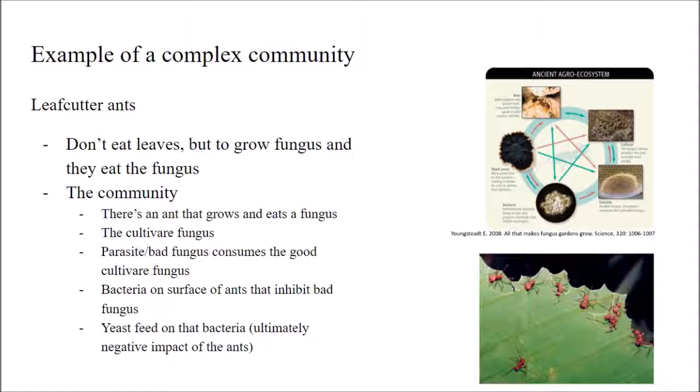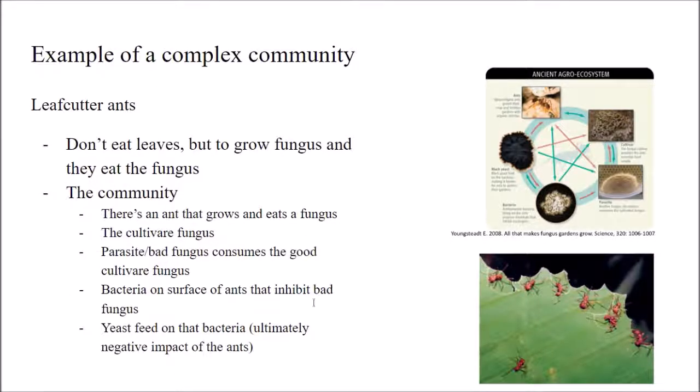What's fascinating about this community is that the ants cultivate the fungus using leaves that they chew up. But there's also within that colony a bad parasite that consumes the good cultivar fungus that feeds the ants.